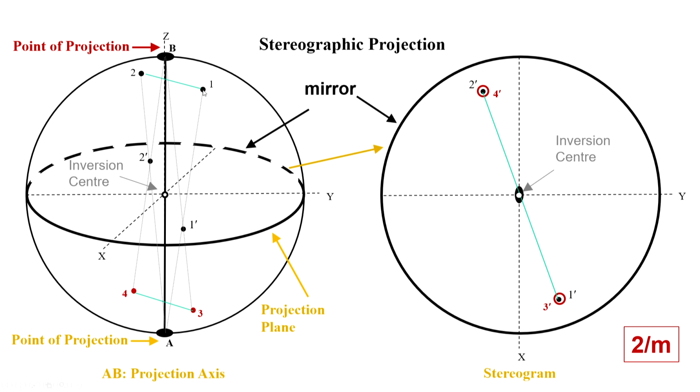So pole 1 can be inverted to pole 4 in this manner. You may make a bit of a correction, otherwise it is okay. The numbers here are a bit out of order, but otherwise the inversion center shown on the stereogram will be in the center of the circle.